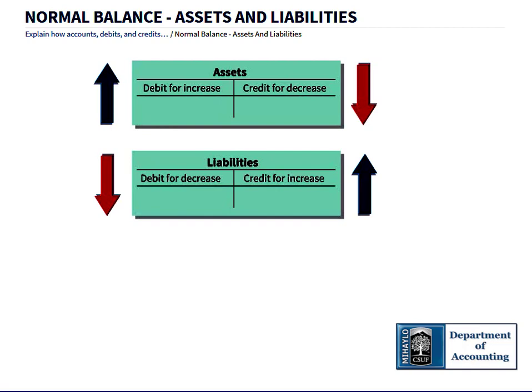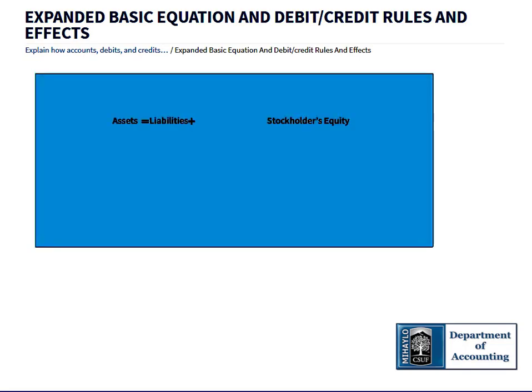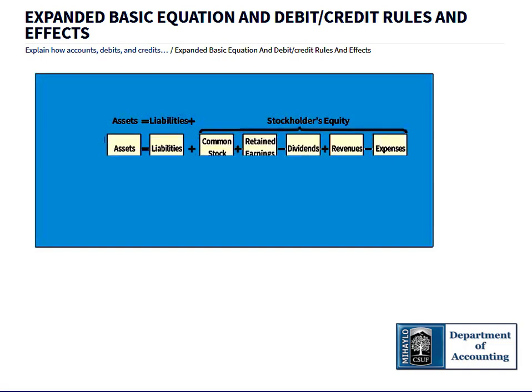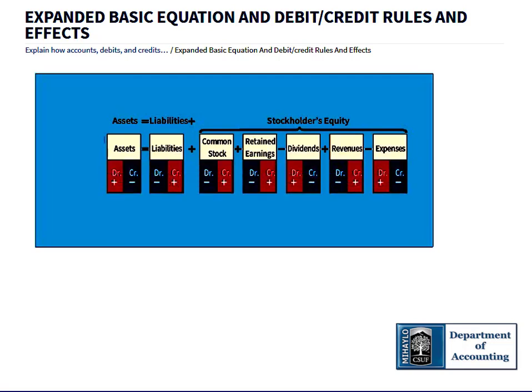The normal balance of an account is on the side where the increase in the account is recorded. Assets normally show debit balances and liabilities show credit balances. The basic accounting equation can be expanded to show the accounts that comprise stockholders' equity. This expansion and the effects of debits and credits are shown here.